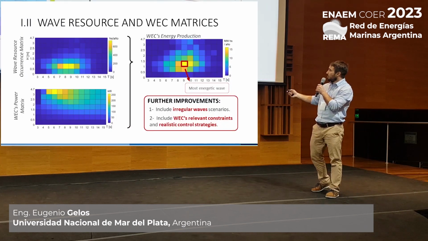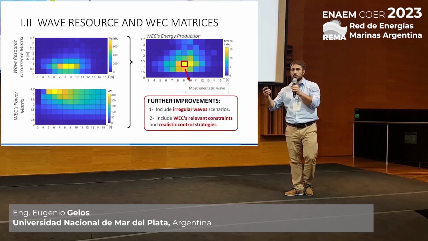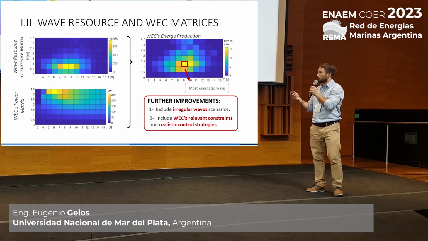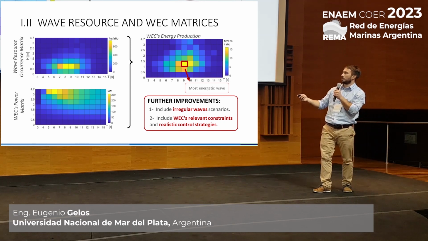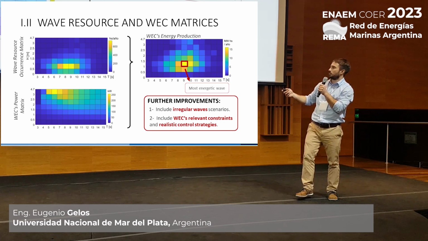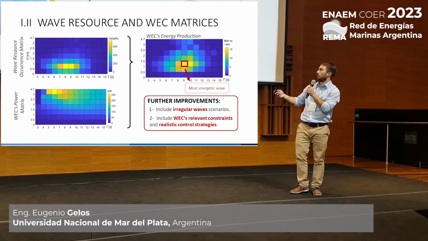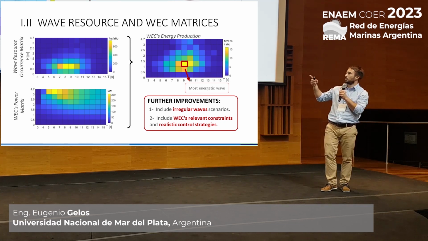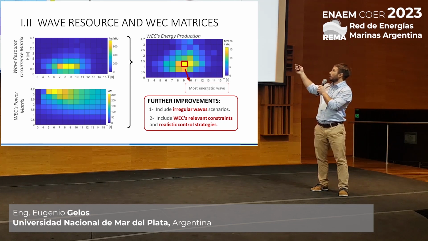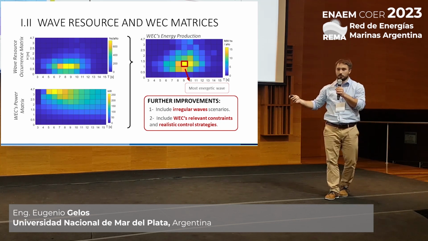The next step of the dimensioning method that we propose is related to processing the wave resource occurrence matrix and calculating the WEC's power matrix. Then, by multiplying them point by point, we can obtain the WEC's energy production.